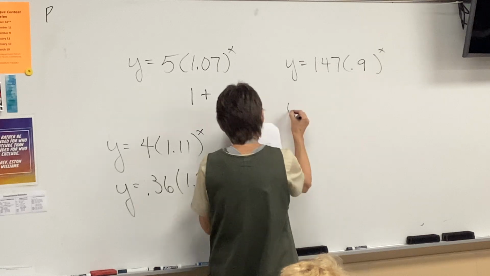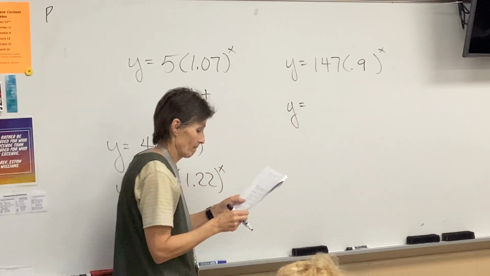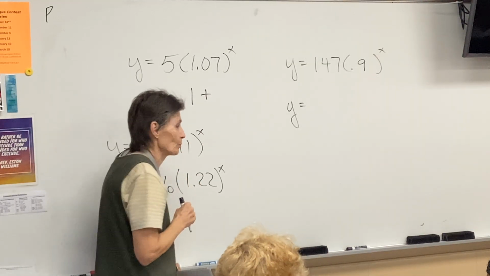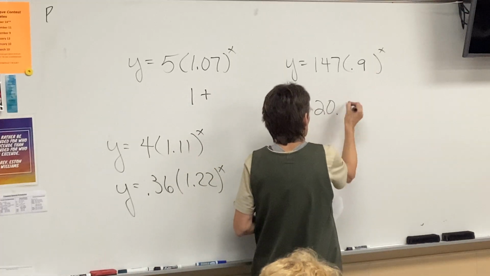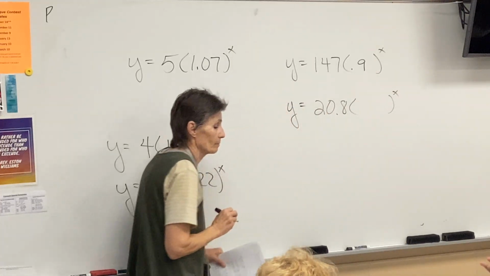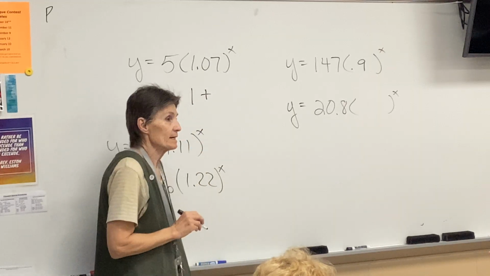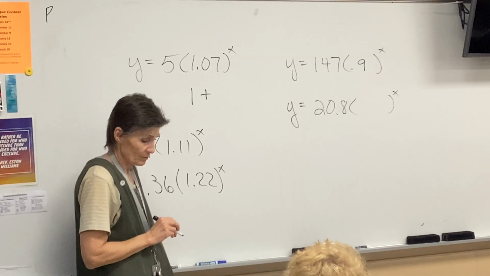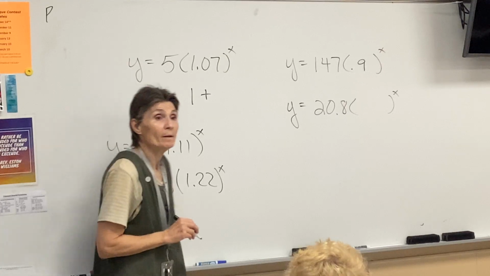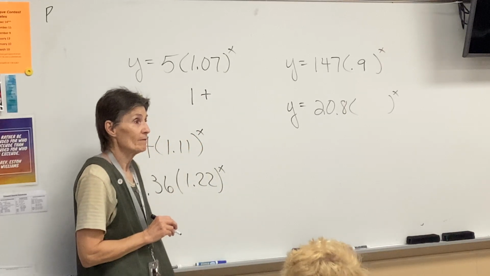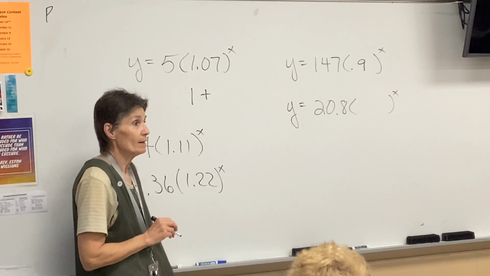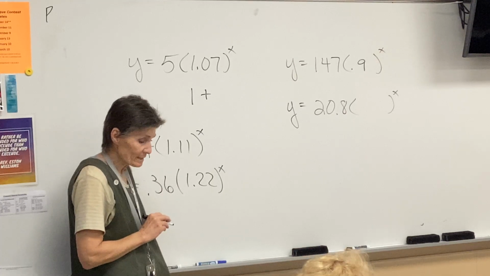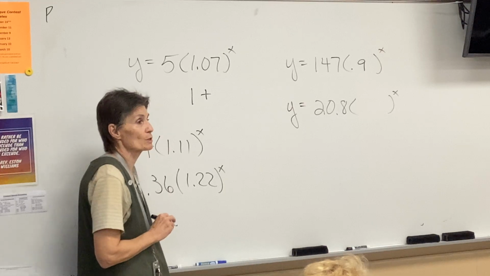Alright, see if you can figure out D. Anybody want to take a stab at what goes in that parentheses? 3.5? 0.35?